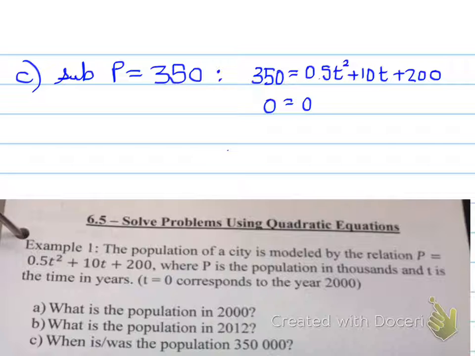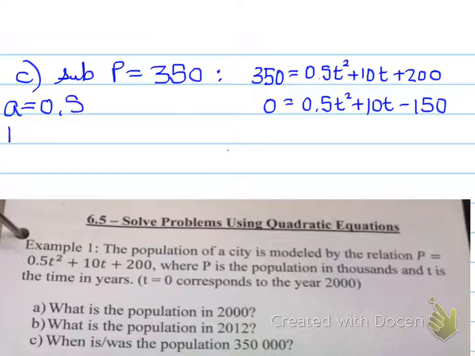What do we do now? Well, we need to move the 350 over so that we have 0 equals 0.5 t squared plus 10t minus 150. And then we're going to either factor or use the quadratic formula to solve for t. So a equals 0.5, b equals 10, c equals negative 150.